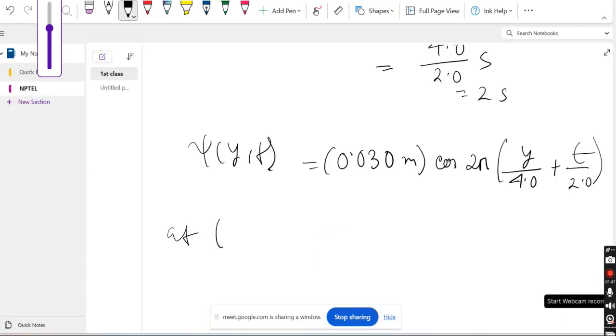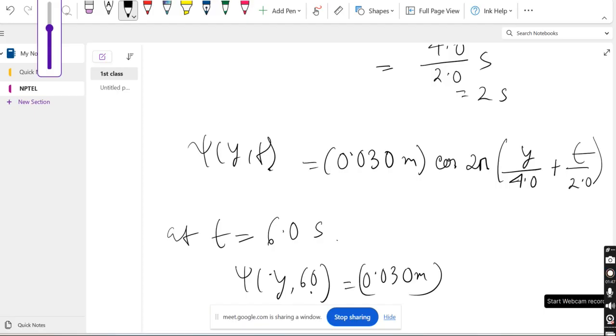So that t equal to 6 seconds, y equal to psi would be 0.030 meter cos 2 pi y by 4 plus 3.